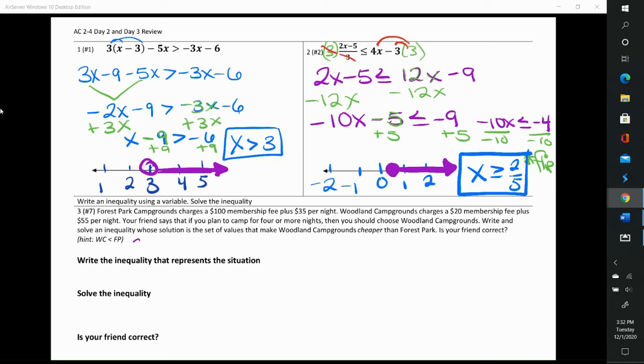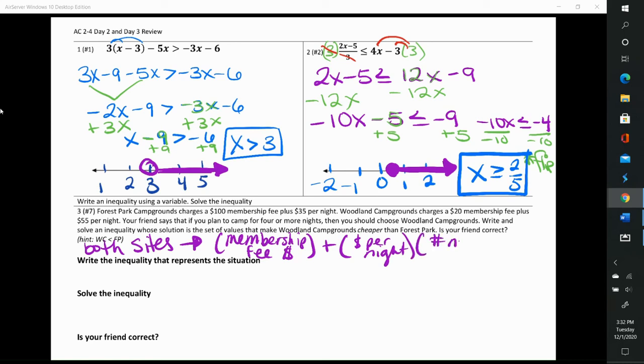So both sites charge a membership fee up front. That would be an example of a one-time fee plus some amount per night. And then we would multiply the number of nights to determine the total cost.